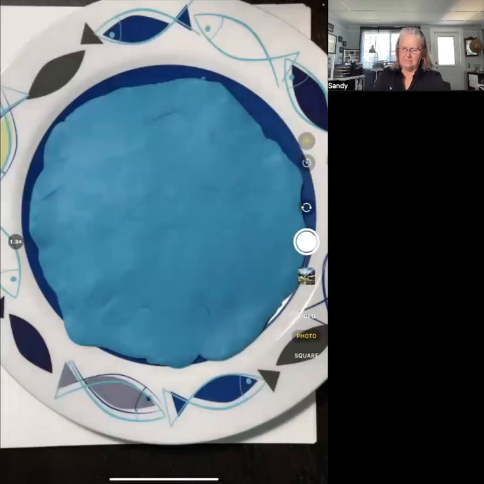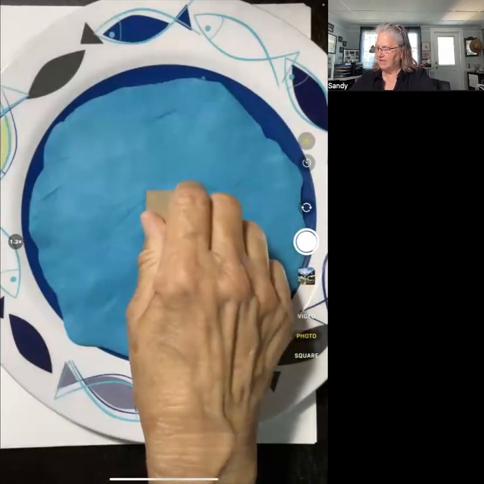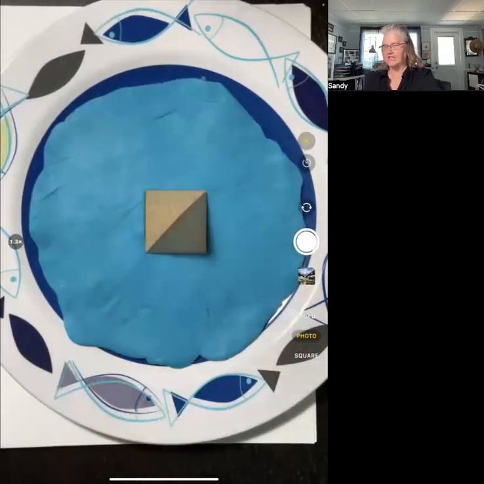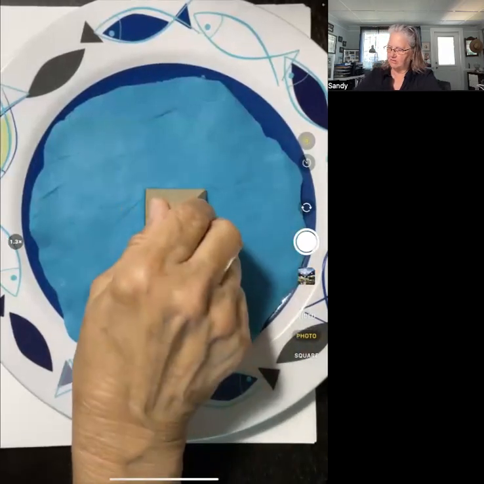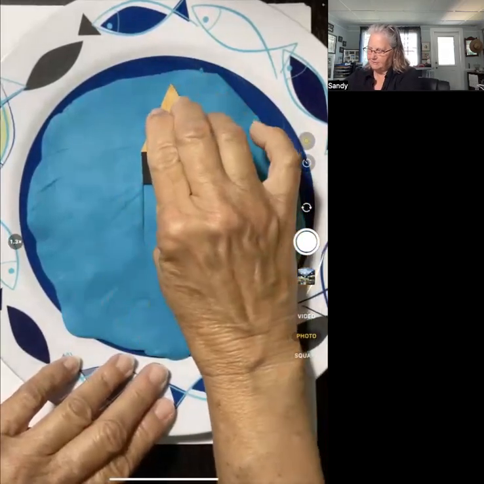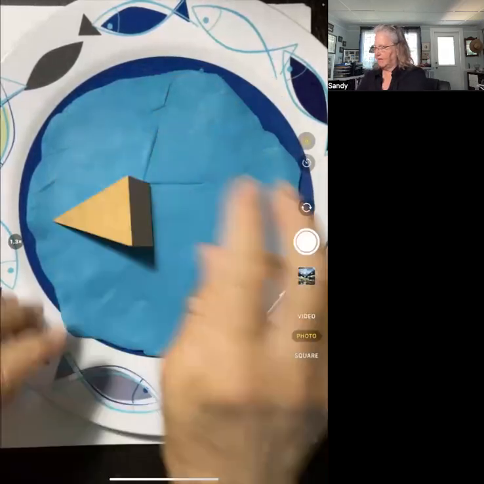But see, think about, we're going to go back to the dough, but this time when I make the footprints, I have that base, and without picking it up, I'm going to tilt it over and make that footprint. I'm going to tilt it back and make one here.